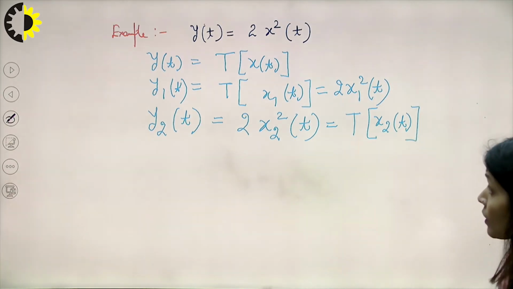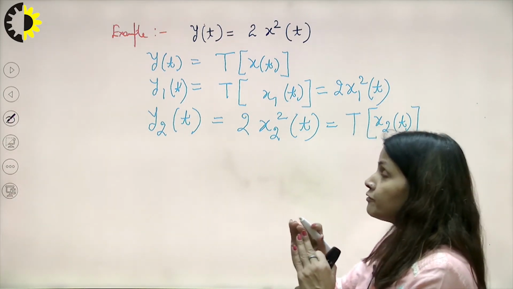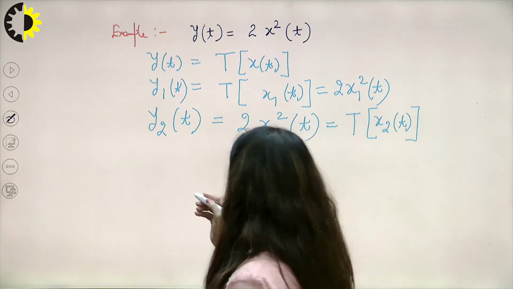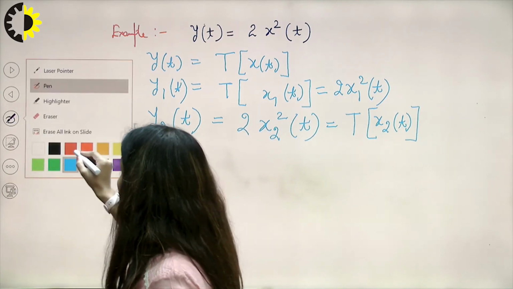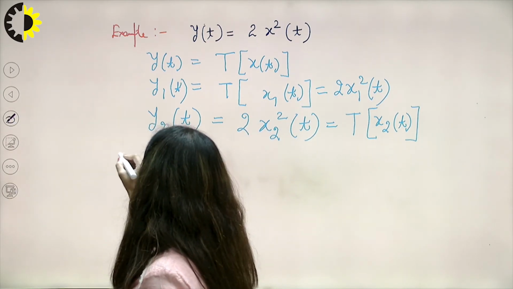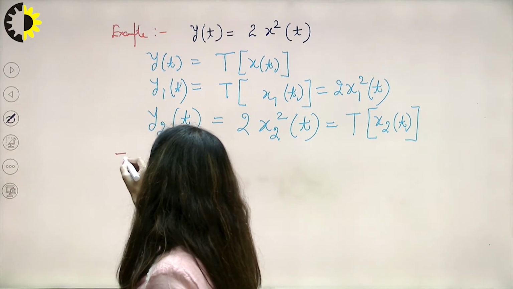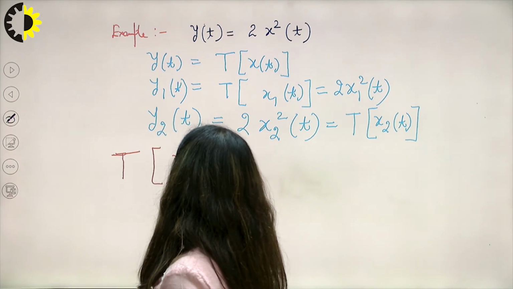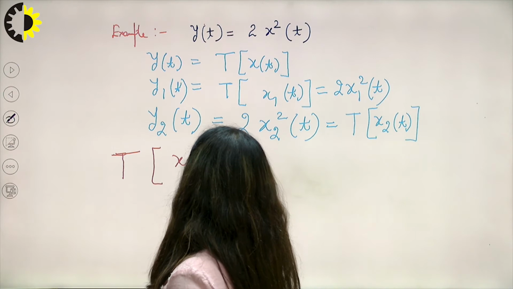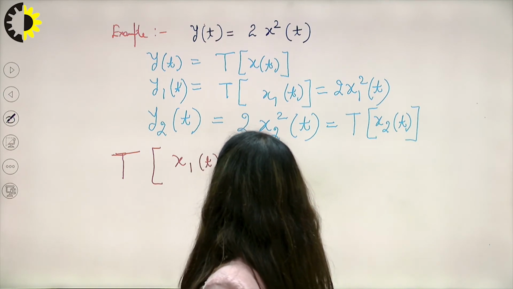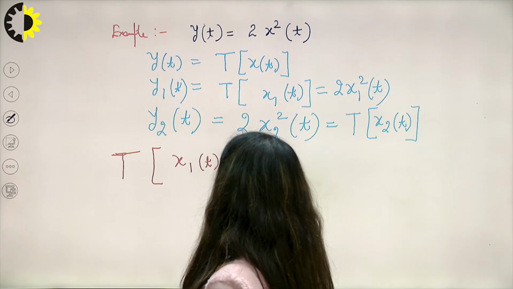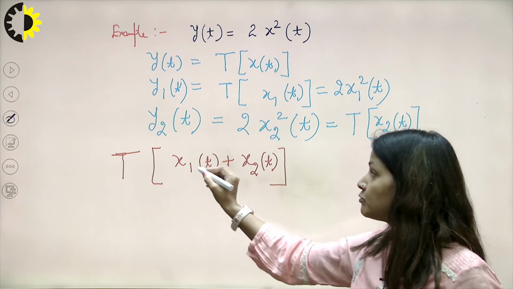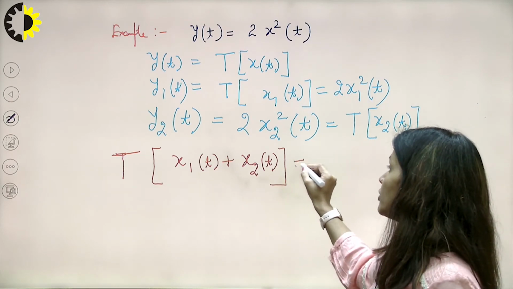Now, the next point: please see carefully that when I give x1(t) plus x2(t) as a combined input, what will be the output then?